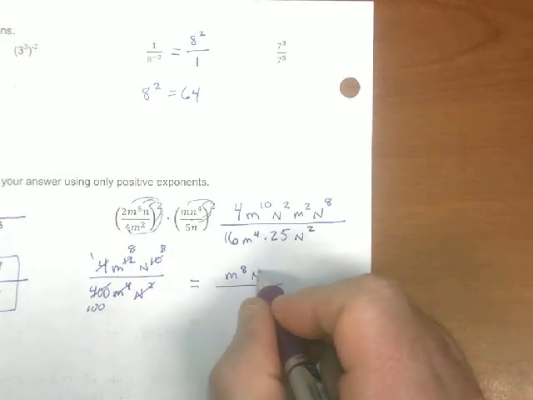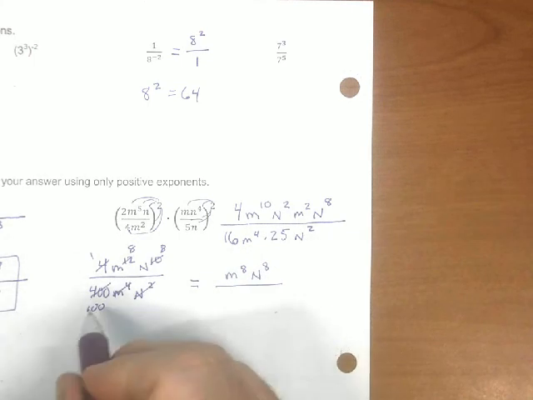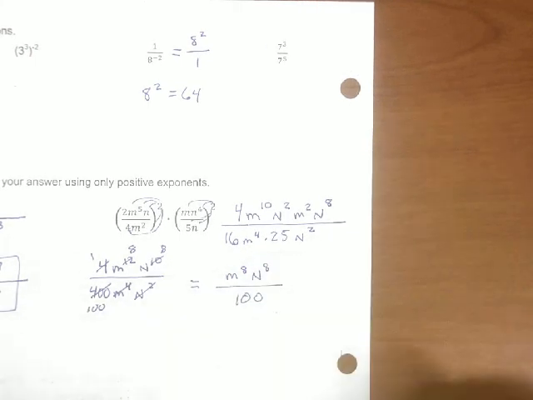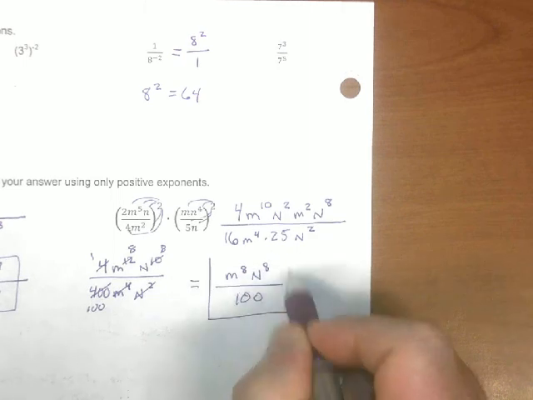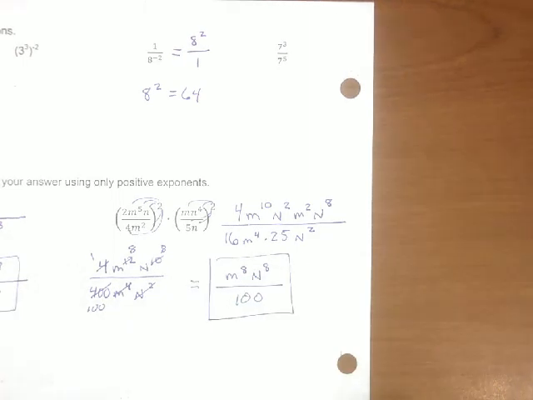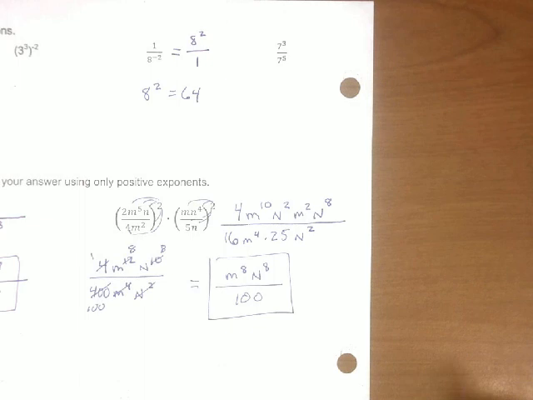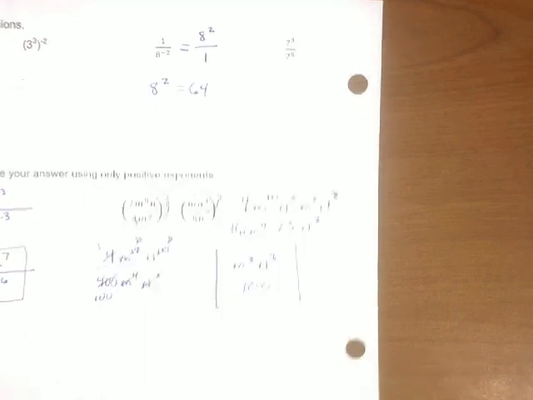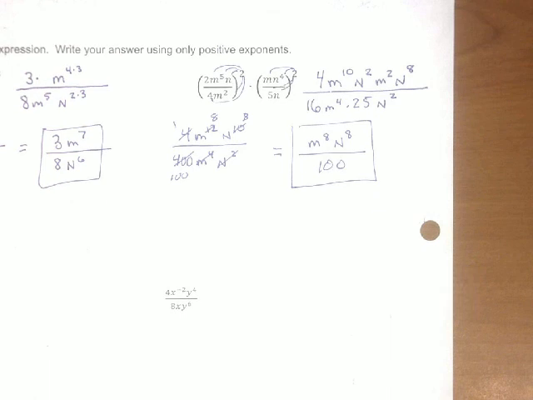So again, subtracting, 2 away from 10 is going to leave 8. So that's N to the 8th. And then all we have on the bottom is 100. So my final answer cleans up to be M to the 8th, N to the 8th, all over 100.